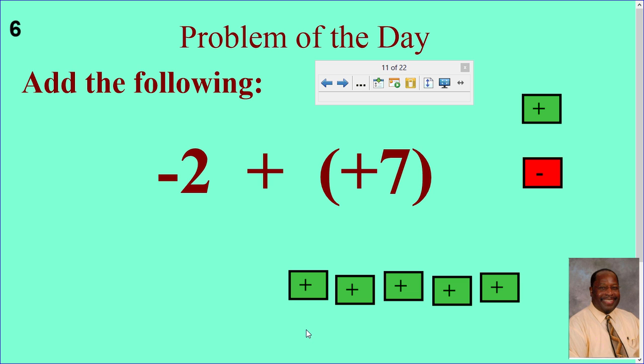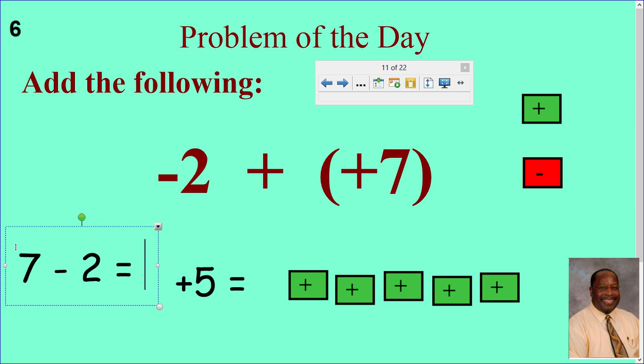There are 5 positive charges. So our answer to this question is going to be +5. And remember the rule. We subtract the numbers. 7 minus 2 equals 5.